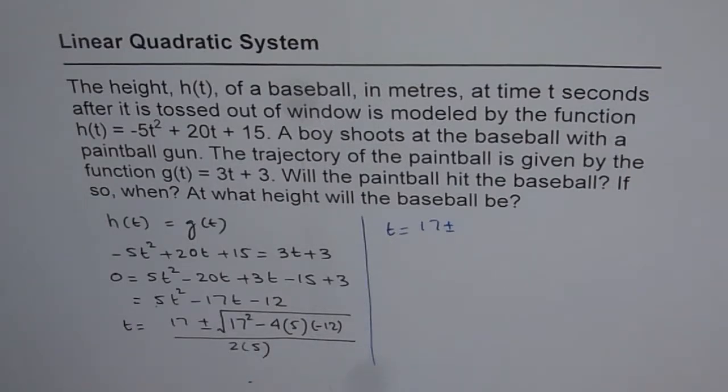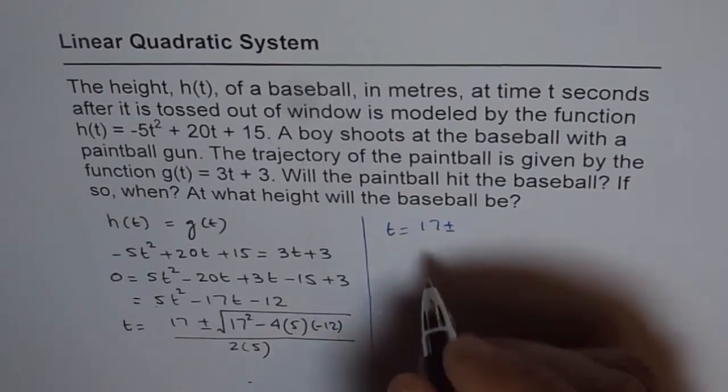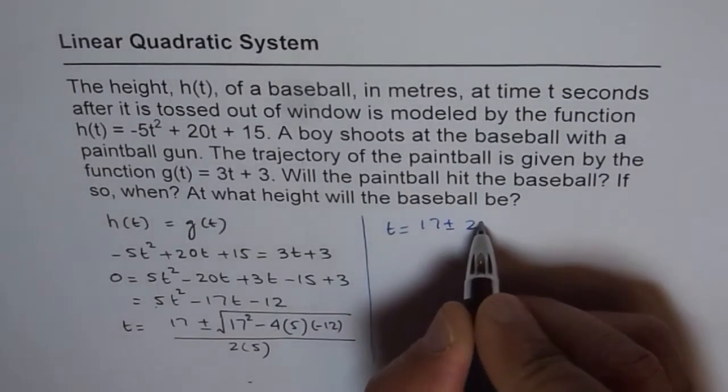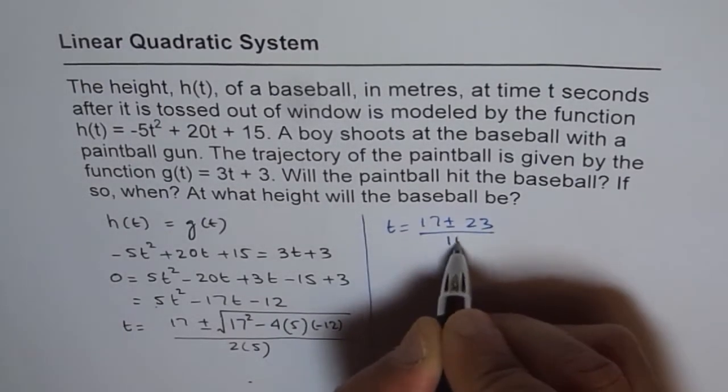Minus and minus. Let me put plus 4 times 5 times 12 equals 529, and we can do the square root of 529 now. So the square root of 529 is equal to 23. So we get 17 plus minus 23 over 10.